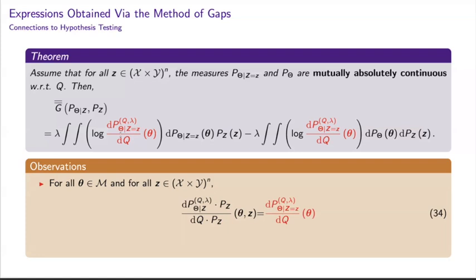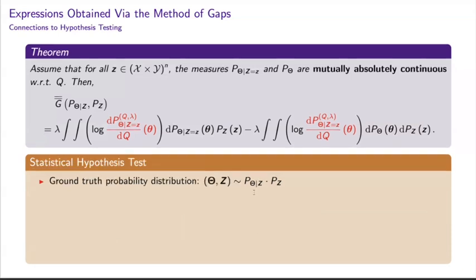Okay, so what is this expression in black and what is this expression in red in equation 34? Well, key point, models are being generated from the algorithm and data is being generated from the ground truth distribution. So the ground truth probability distribution of these random variables theta and z is this distribution.